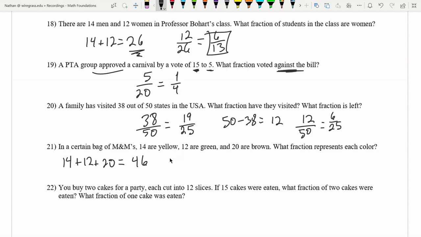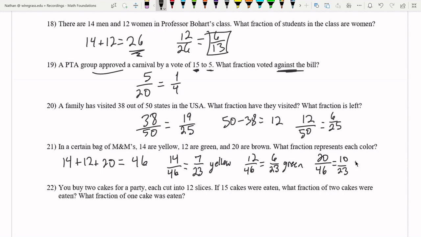The fraction of yellow is going to be 14 out of 46, which is 7 out of 23 for yellow. 12 out of 46, which is 6 out of 23, are green. And finally, 20 out of 46, or 10 out of 23, are brown.